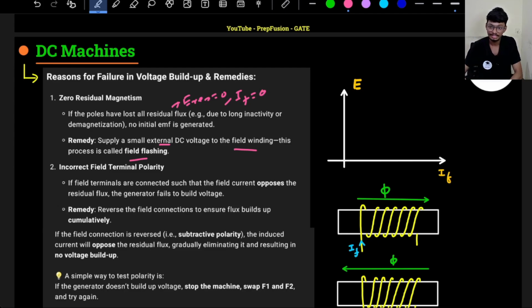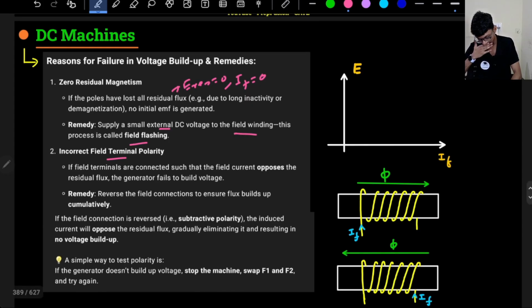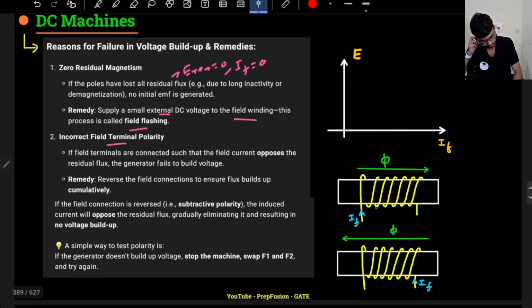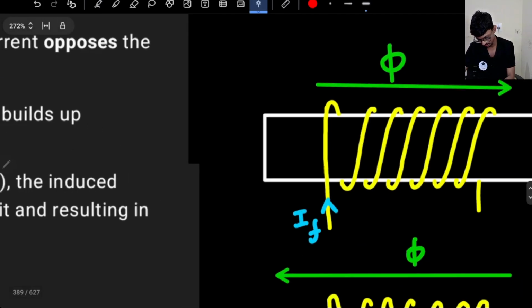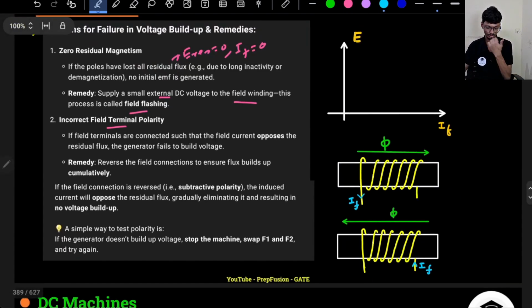Now the second one is if I have connected my field polarity opposite, right? If let's say the orientation is wrong, in this case, what is the direction of the magnetic field? Okay, sorry. This direction is along the right hand side, right?